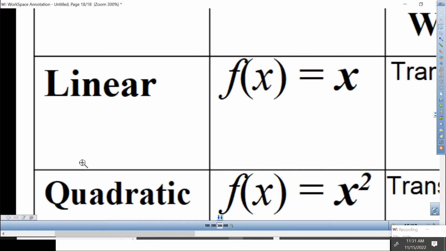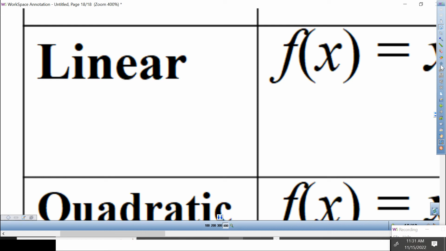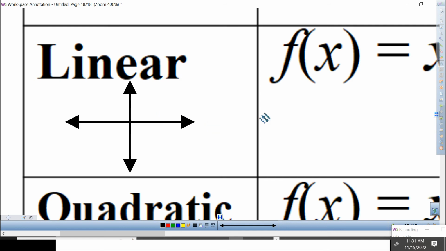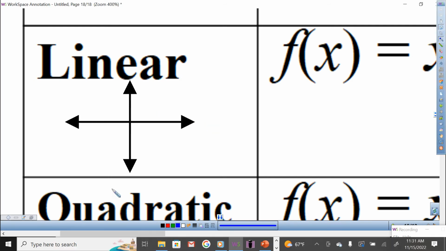I'm going to go here where it says linear. So, here's my coordinate plane. A linear function always starts with 2 points. What 2 points? 0, 0, and 1, 1. Let me repeat that again. Any parent function always starts with 2 points. What are they? 0, 0, and 1, 1.